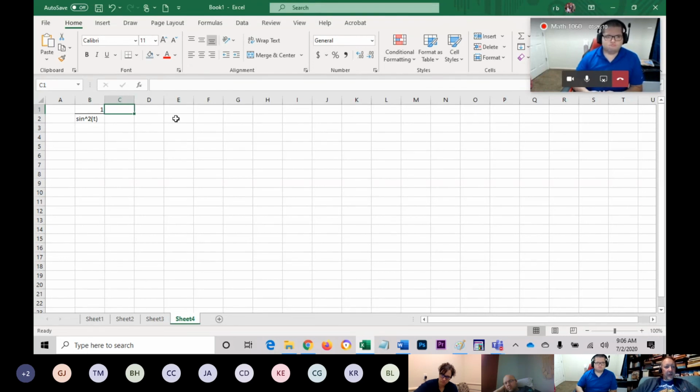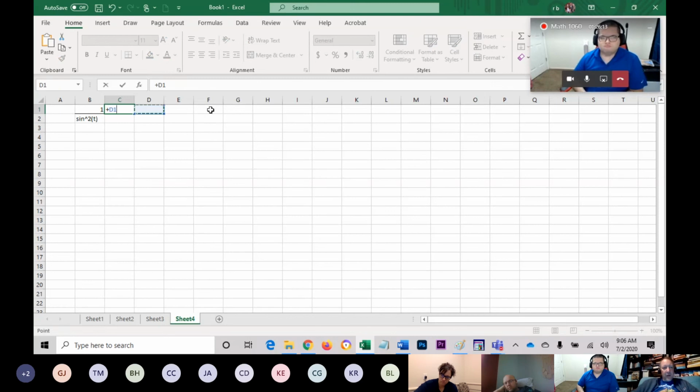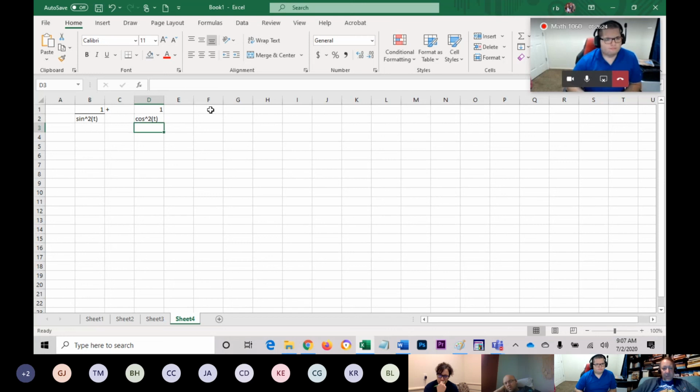That's probably the best way. Plus 1 over the cosine squared of t. Okay, so we're going to write this as a single term. Okay. All right. So we need to get a common denominator. Maybe I'll center that so it looks a little better.